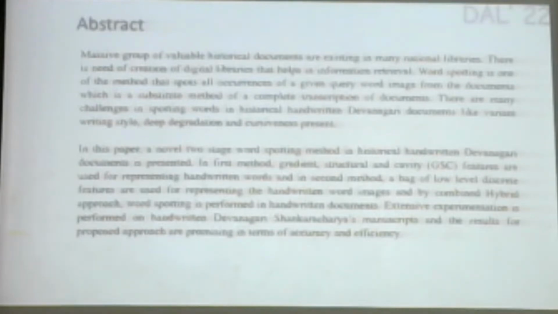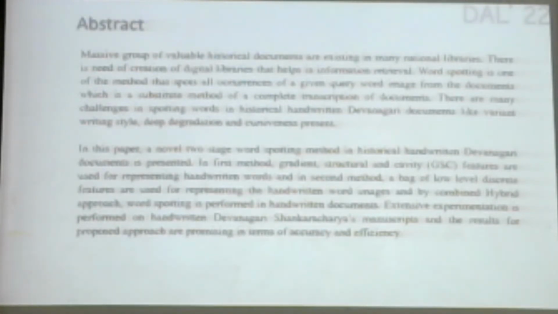So, in this paper, we present a novel two-stage word spotting method in historical handwritten documents. In the first method, we have used gradient, structural, and concavity features for representing the handwritten words.